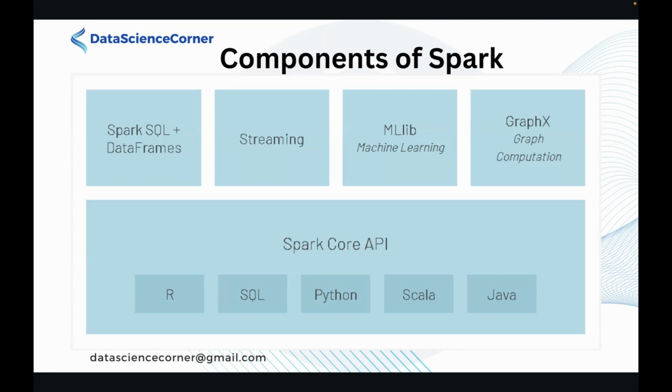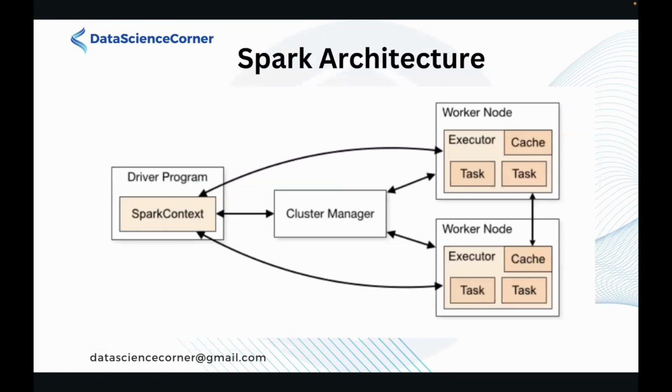Now let us look into Spark architecture. Spark employs a master-worker architecture similar to the Hadoop framework, where the master node is the driver and the worker nodes are the slaves. This cluster system comprises one master and multiple worker nodes.